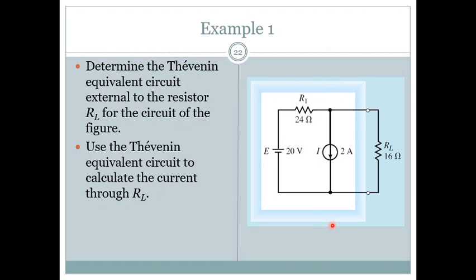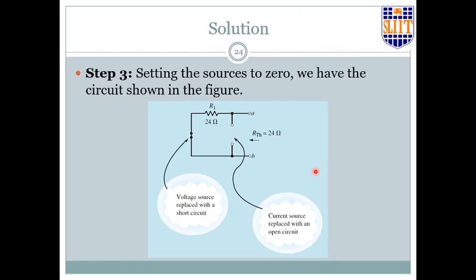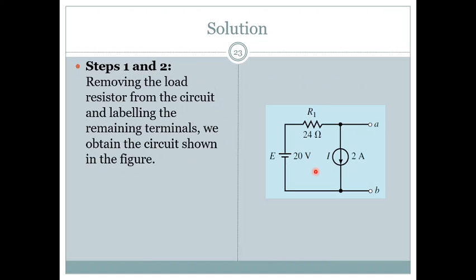So let's take this. The first thing that you have to do is to remove the load. So that's after the load is removed. Then what you do is, let's take this out.